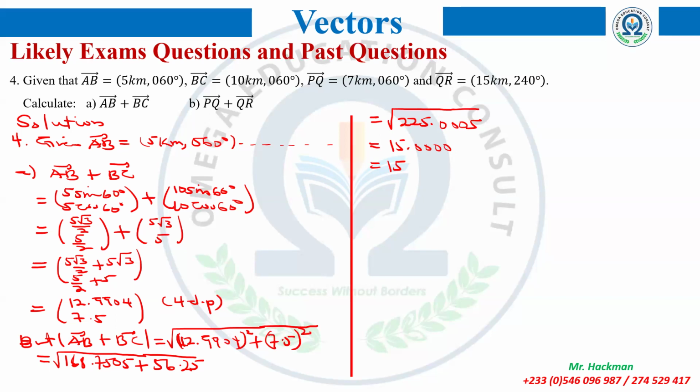No. What do I attach? Kilometers. You know the units this time round. Please take notes, because the unit here is km. Any distance or magnitude that you find should also have the same unit. So it will be km, kilometers. Is that clear? Yes. So that will be it for the magnitude.